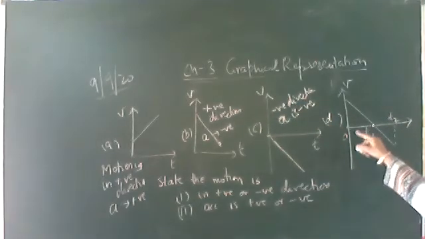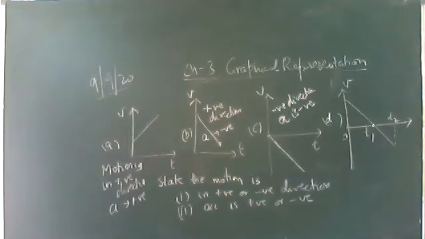In this graph, from 0 to t1 time and t1 to t2 time, try to do it. 0 to t1 time, motion is in the positive direction, but the acceleration is negative. Now find out from t1 to t2 time.